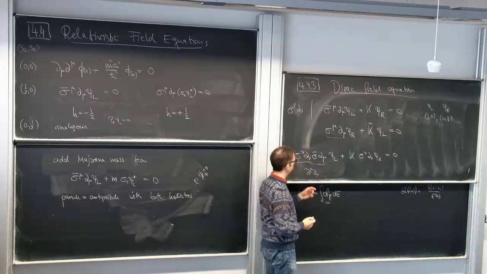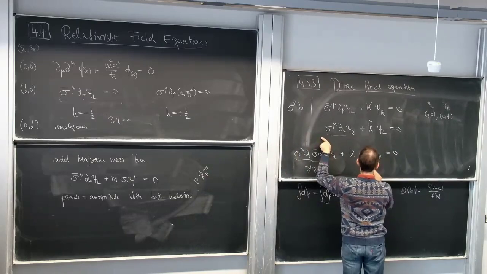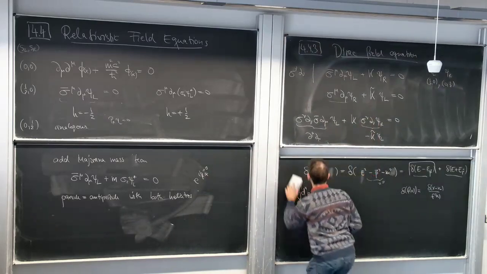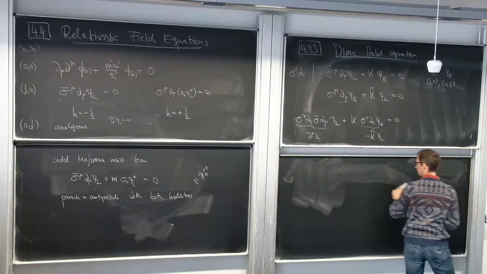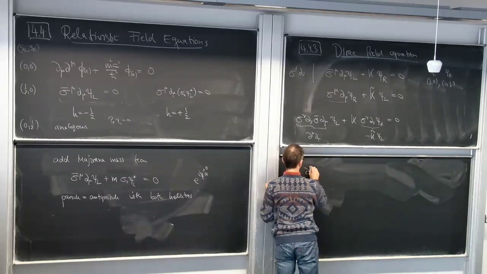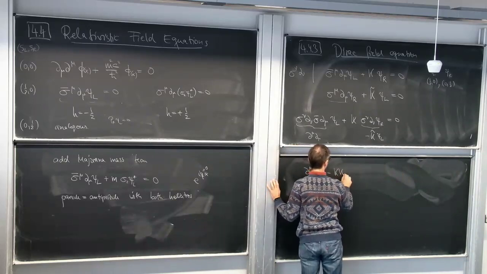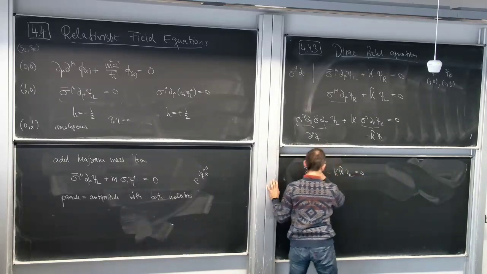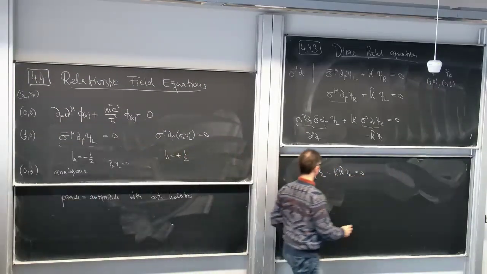When we discussed the Weyl spinor, this guy is minus k tilde psi L. So the equation now is d mu d mu psi L minus k tilde psi L. And this is supposed to be this thing, so you know what the k is.